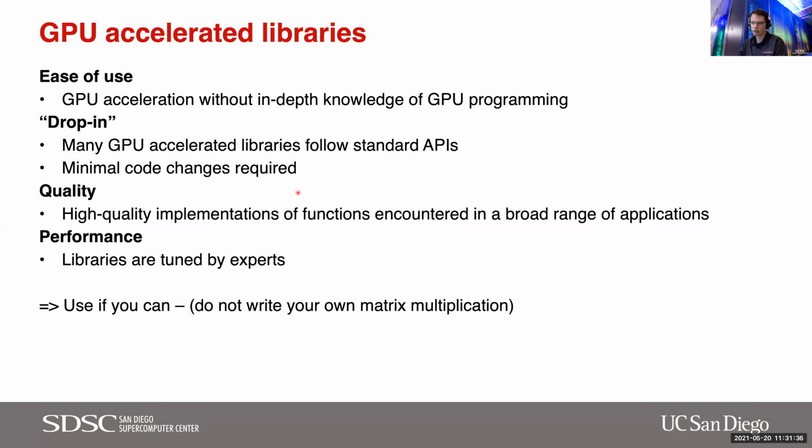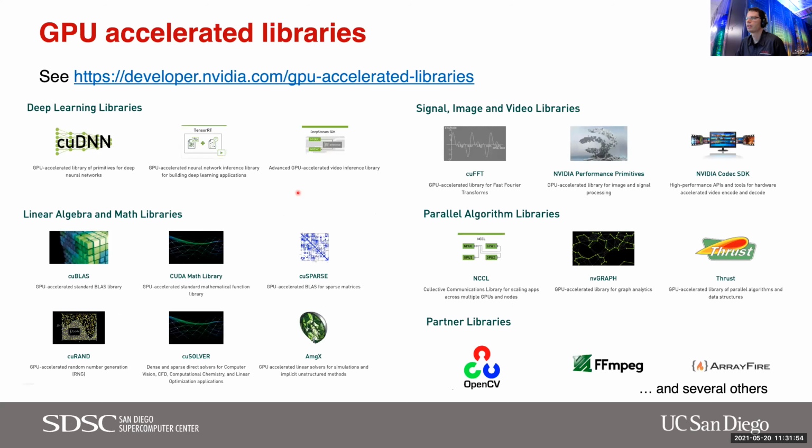So minimal code changes are required, and of course, do use those because they are very performant, tuned, high-quality implementations. So don't write your own matrix multiplication, apart from learning. I have a matrix multiplication example in here that I'll very quickly go over with you, just so you get an idea how CUDA code looks. If you go to this website, there's a list and lots of explanations of all sorts of libraries that are available.